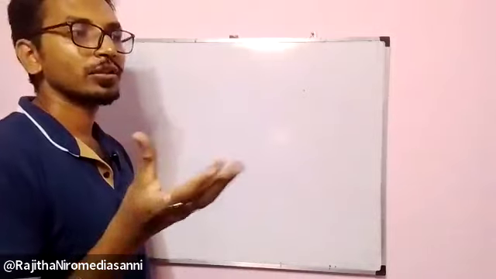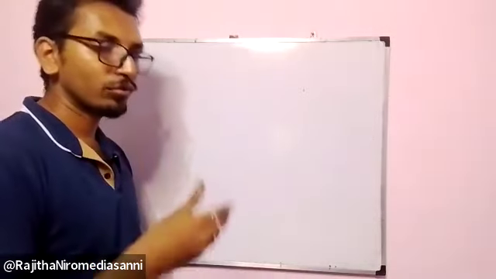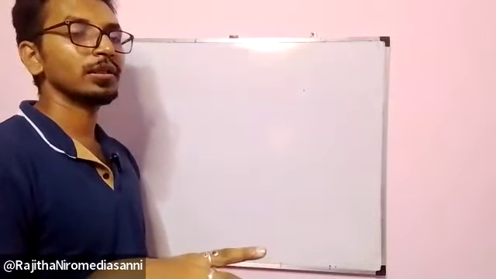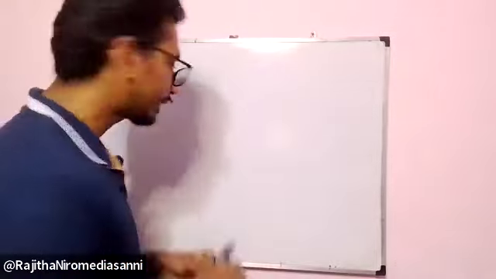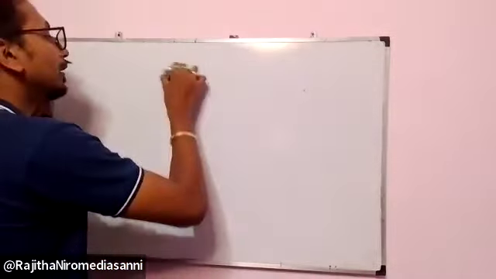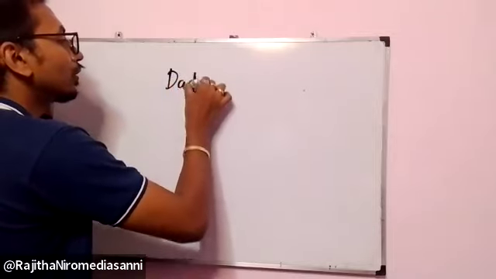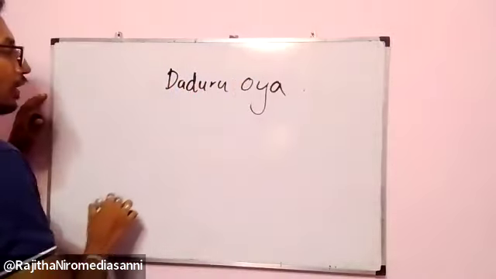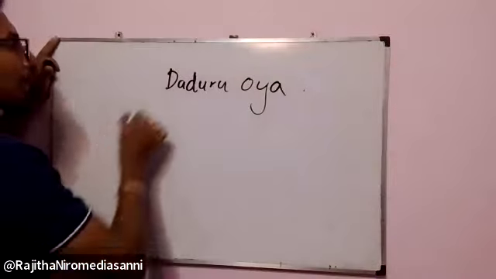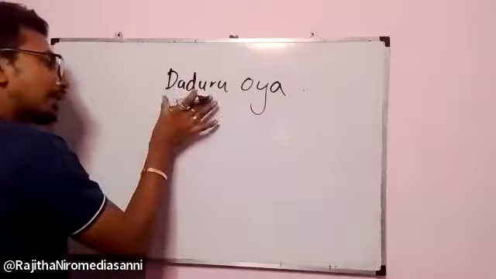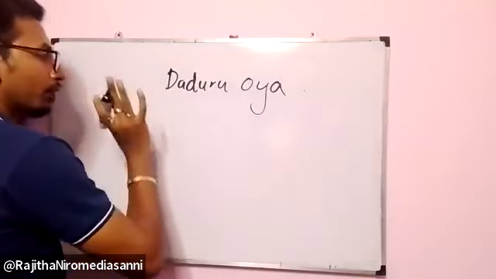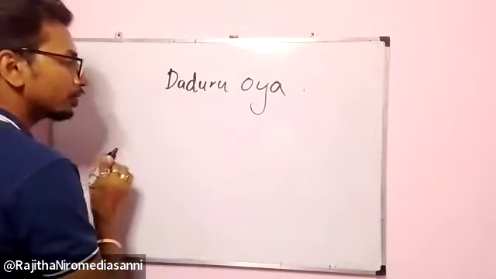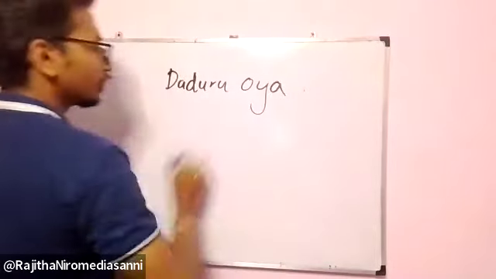Think about Sri Lanka: Deduru Oya, Attanagalu Oya, Uma Oya. Deduru is a Sinhala word, but we write it in English. Problem. That's Deduru Oya.